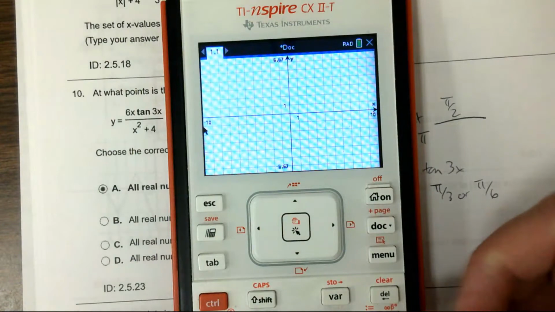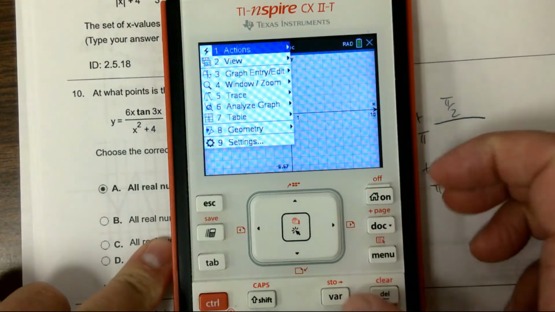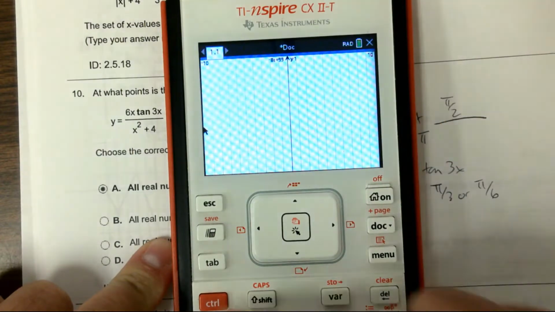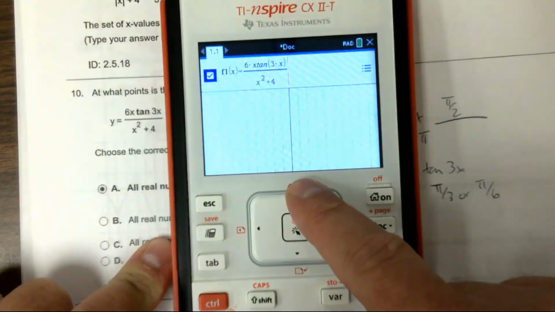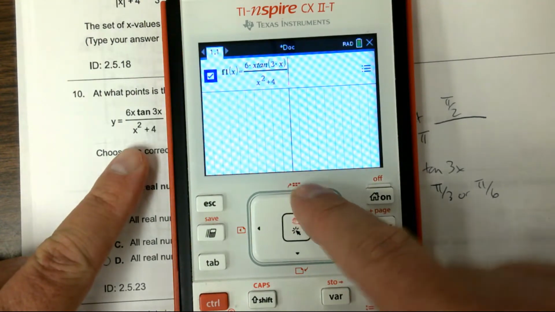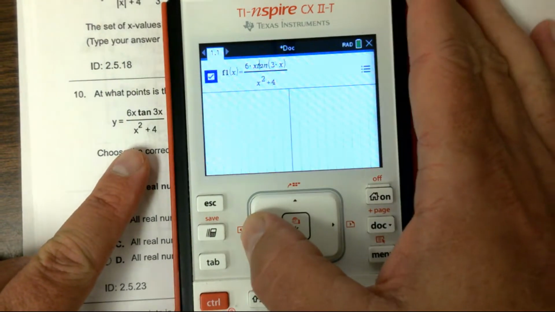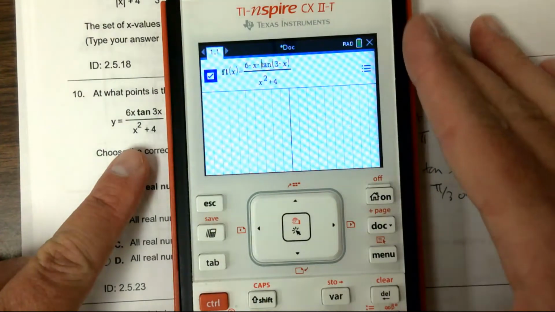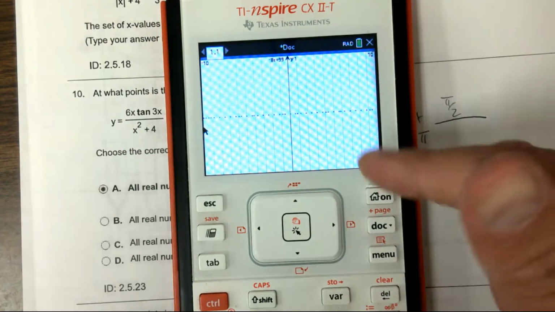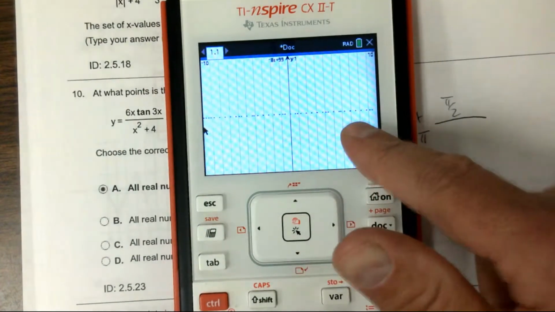Okay, well you can't see it at all. Still can't see it at all. Oh, I bet I know what I did wrong. I bet I have to put times in between. Yeah, and now that I'm zoomed out so far, it's looking really crazy.